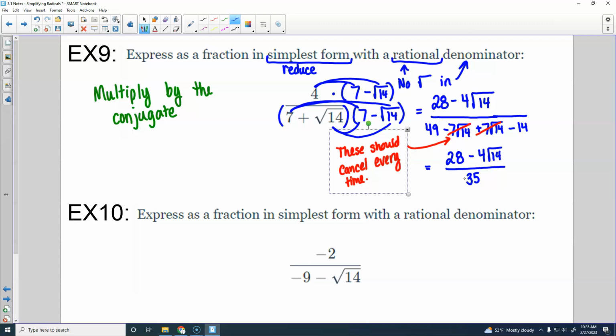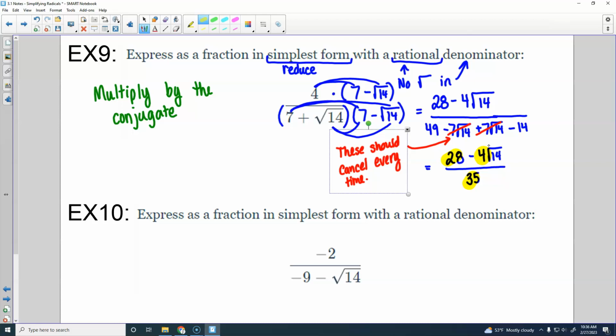Now, you want to look at this and see if anything will reduce. It is true that 28 and 35 are both divisible by 7, but we cannot reduce those two because we would have to divide every term by 7, and 7 will not go into 4 right here.